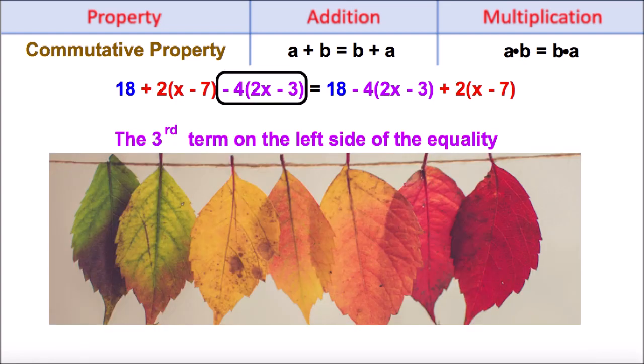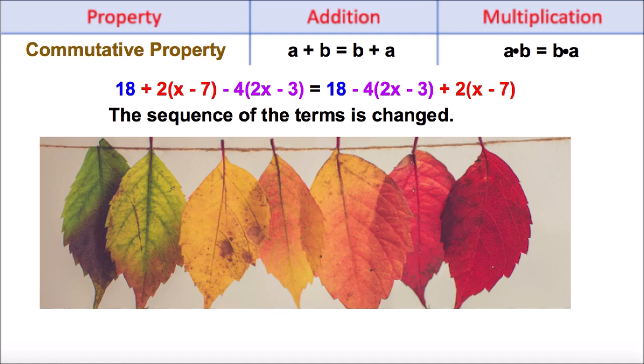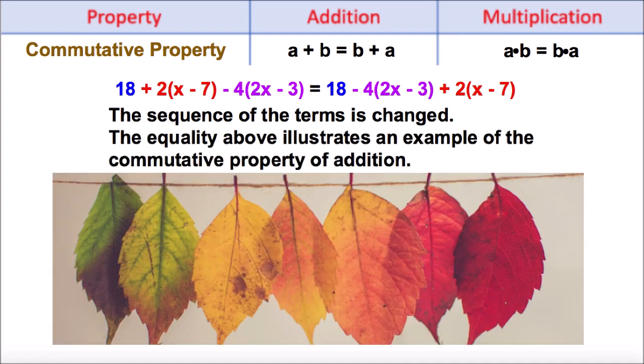Likewise, the third term on the left side of the equality, negative 4 times the quantity 2x negative 3, equals the second term on the right side of the equality. The sequence of the terms is changed, and the equality above illustrates an example of the commutative property of addition.